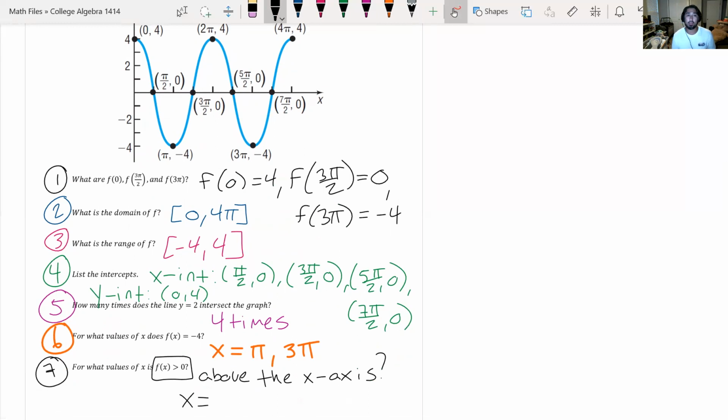The values of x where we are above the x-axis that are clearly shown, well, 0. When x is 0, we are above the x-axis. So 0, 2 pi, and 4 pi.